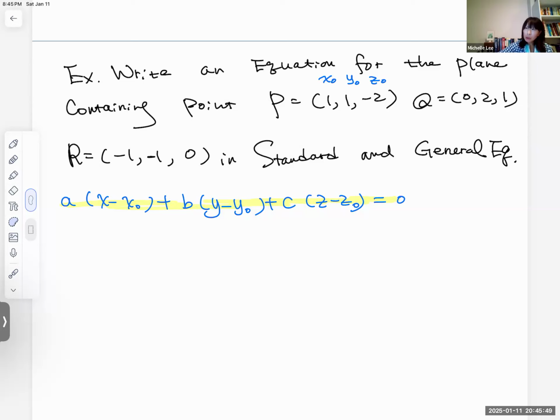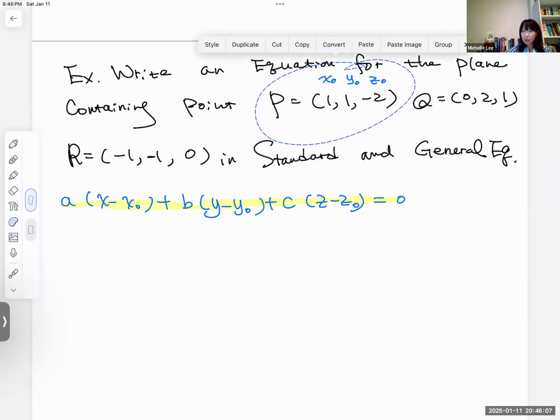Okay, so in order to find ABC in the case of the normal vector, and then I denote x naught, y naught, z naught there. So first one, okay? All right. We have to understand this concept.